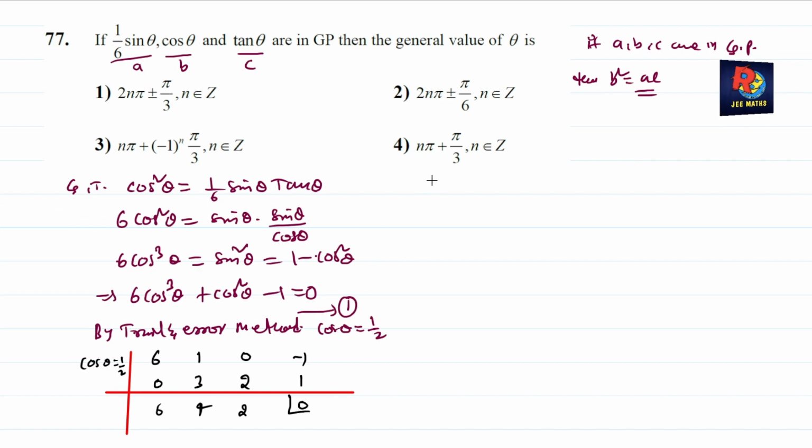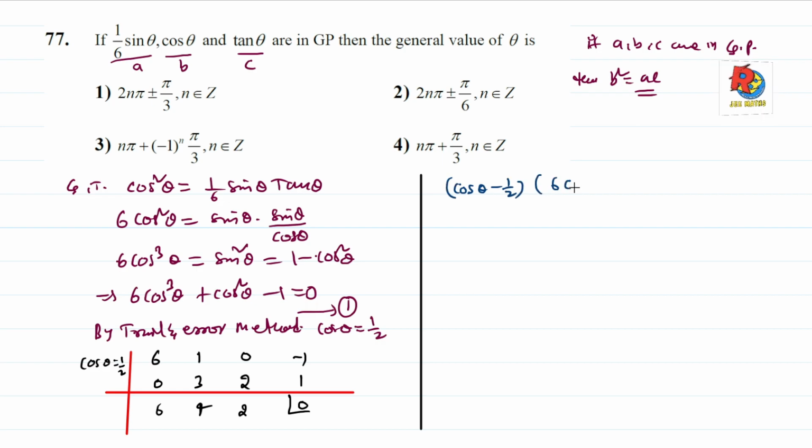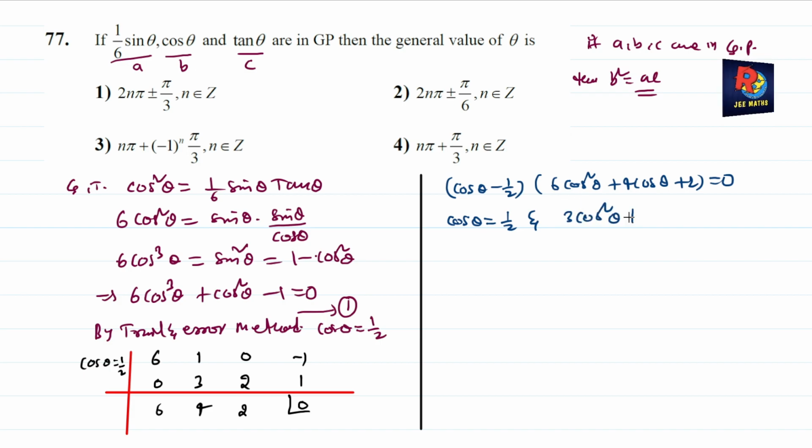Therefore, we can write (cos theta minus 1 by 2) into (6 cos square theta plus 4 cos theta plus 2) equals 0. That means cos theta equals 1 by 2 is one value, and if I take 2 common, 3 cos square theta plus 2 cos theta plus 1 equals 0.